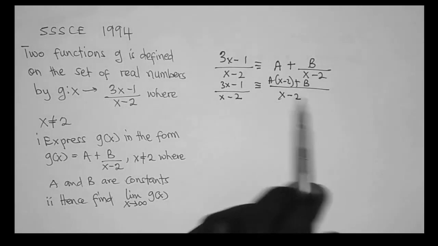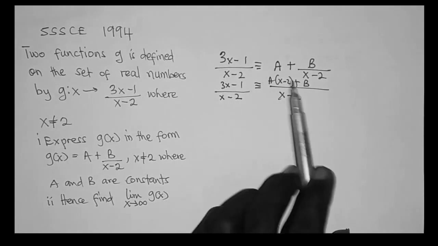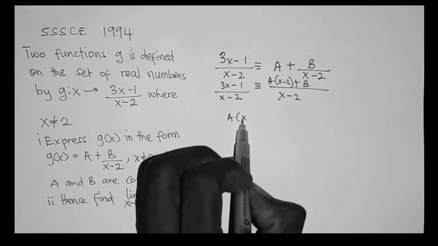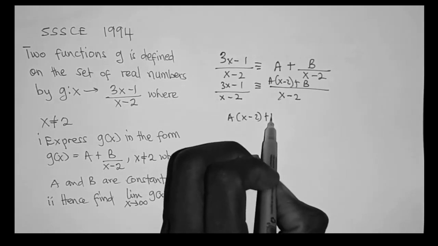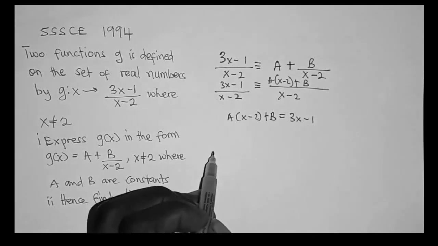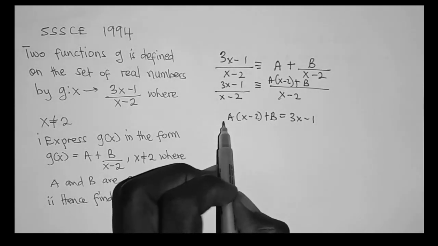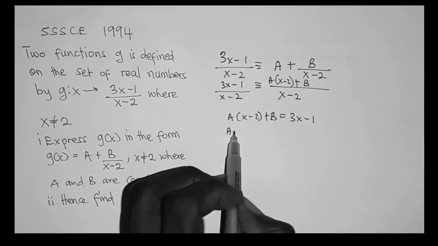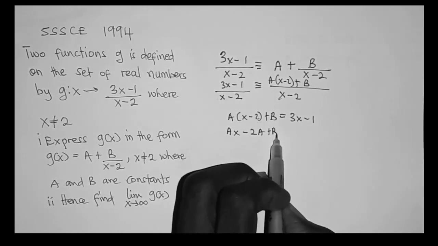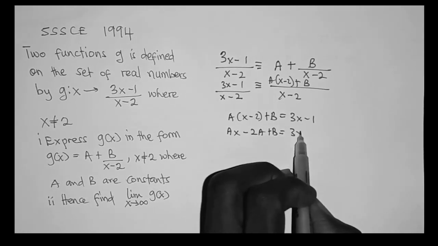So since they have the same denominators, we can equate their numerators. So we have a times x minus 2 plus b is equal to 3x minus 1. So let's expand. This becomes ax minus 2a plus b equals 3x minus 1.